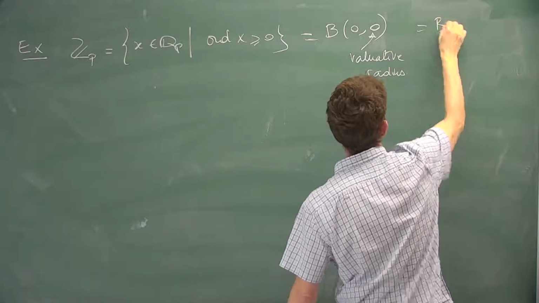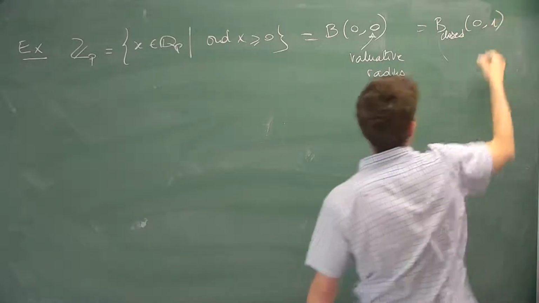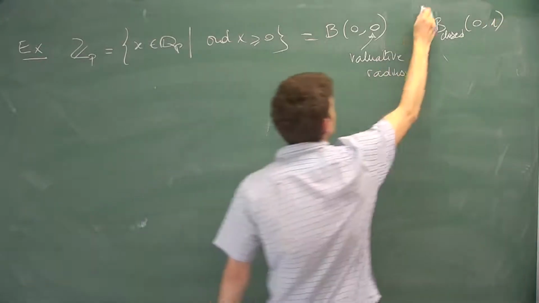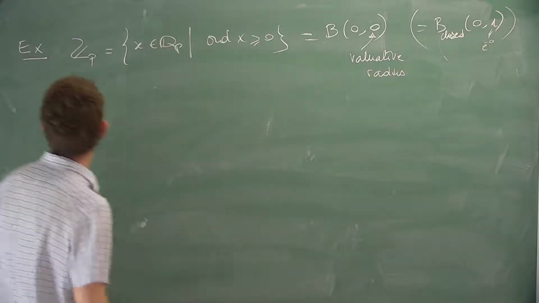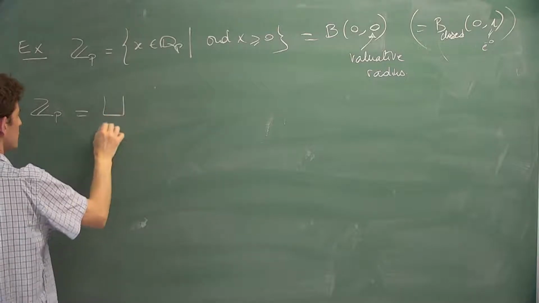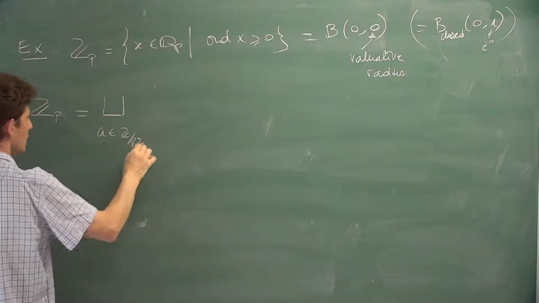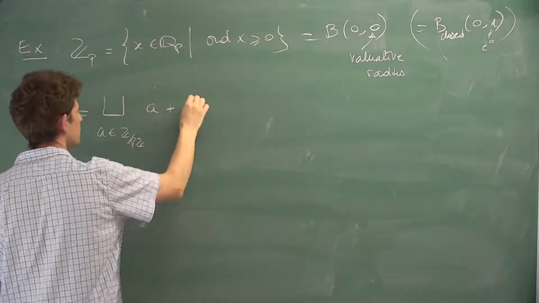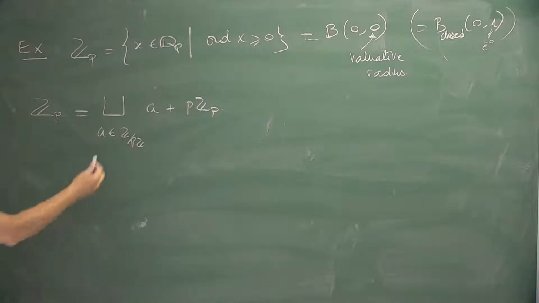So if you prefer, this one is exponential minus 0. And then you see that you can write Z_p as a disjoint union, where a runs on the residue field, of a plus pZ_p. So just start by the digits a.